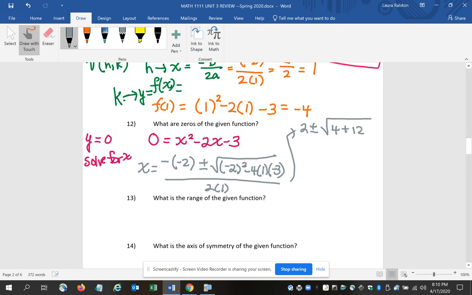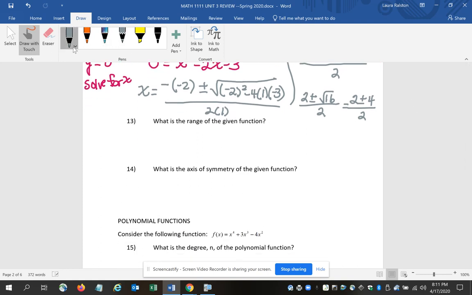Negative 4 times 1 is negative 4, times negative 3 is positive 12, all over 2. So I have 2 plus or minus the square root of 16 over 2. 16 happens to be a perfect square, so I'm going to have 2 plus or minus 4 all over 2. And then I have to consider both of those options.